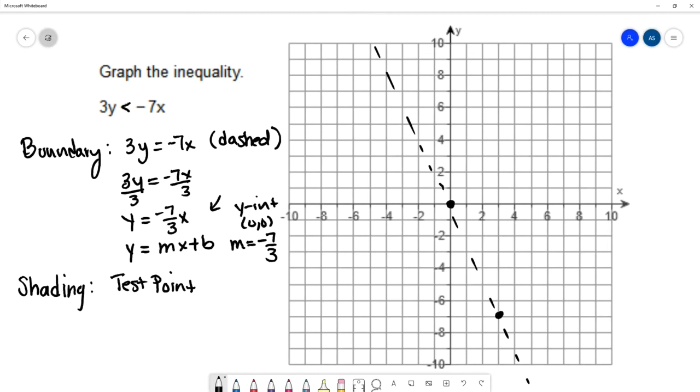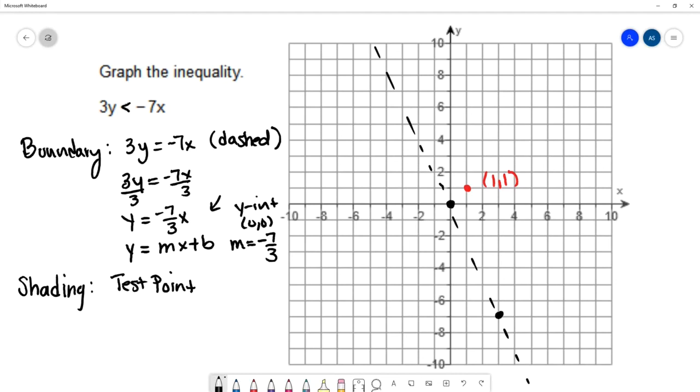The test point cannot be on that boundary line. So I'm going to choose this point right here, 1, 1. That point is not on the boundary line. Most people like to choose 0, 0 as the test point, but we couldn't use 0, 0 here because 0, 0 is on the boundary line.